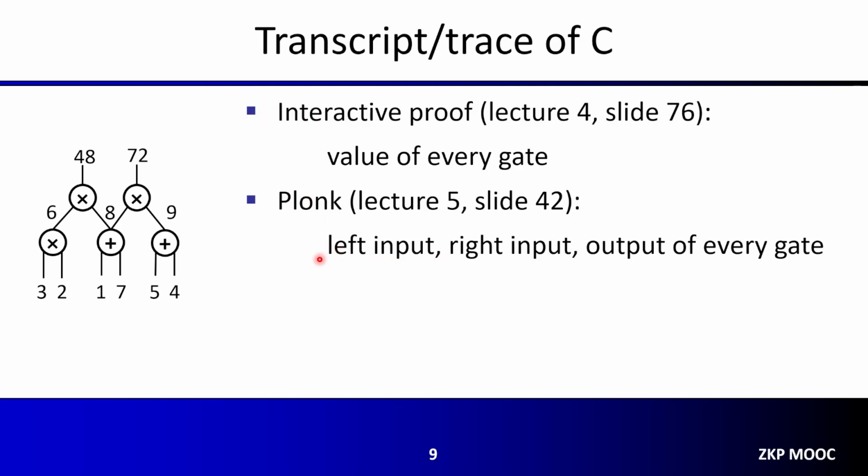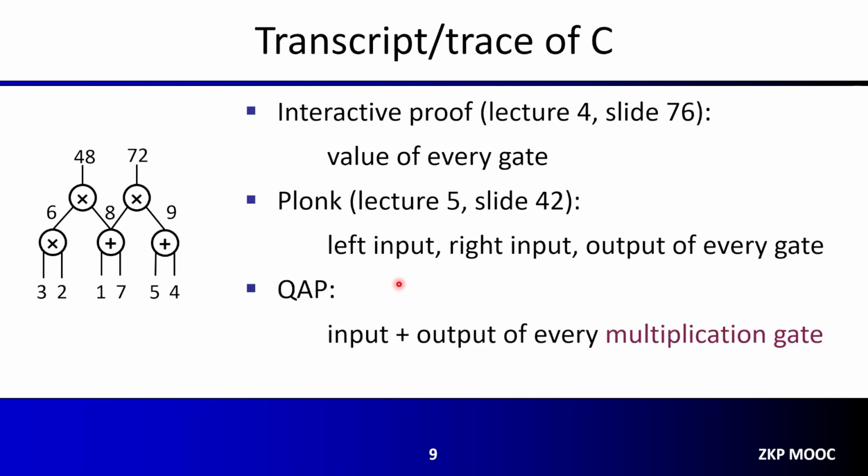Instead of just taking the value of every gate, it is defined as the left input, right input, and output of every gate. So there are some redundancies in this definition of the trace, because one wire can both be the output of one gate and also the input of another gate. So it's actually slightly larger than the size of the value of every gate. But still, it is derived from the evaluations of the circuit. So that's why we still call it the transcript or trace of the computation.